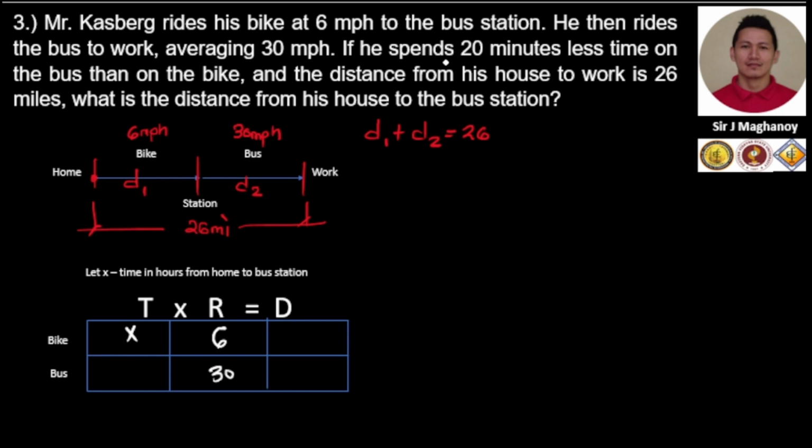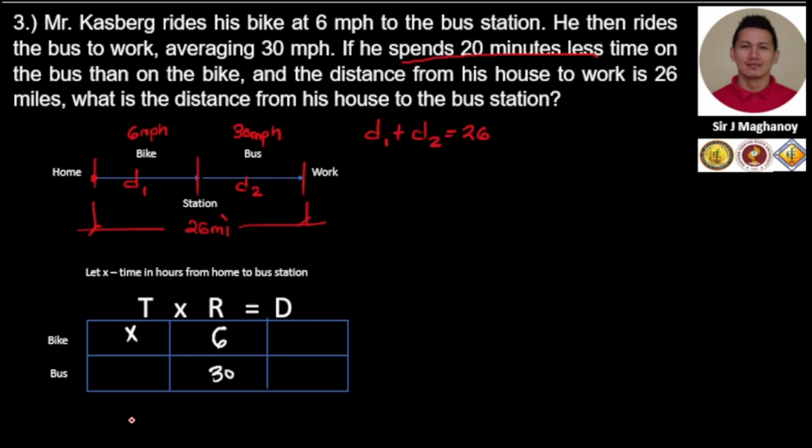That is the less he spent. Let's be clear on this. He spent 20 minutes less time on the bus than on the bike. If x is the bike, then less than. Also, the given parameter here is 20 minutes.